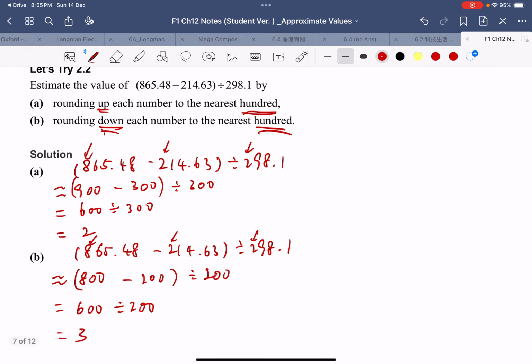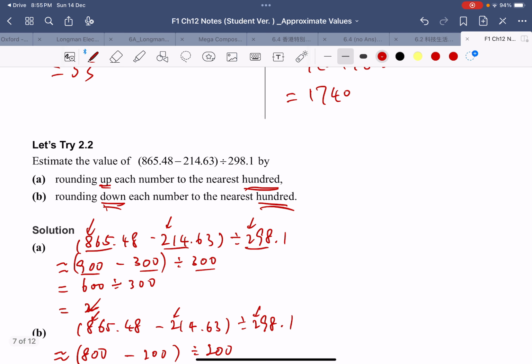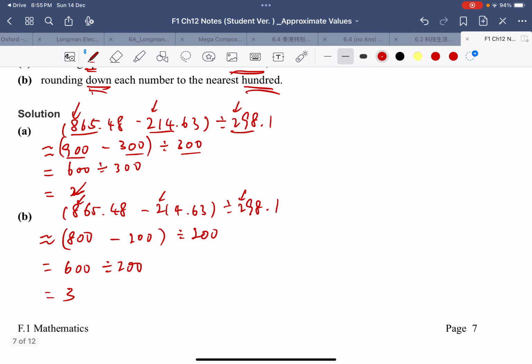Obviously, if you round up, you're going to get a higher value for each number here, and then you'll get some results here. Sorry, the 2 here.